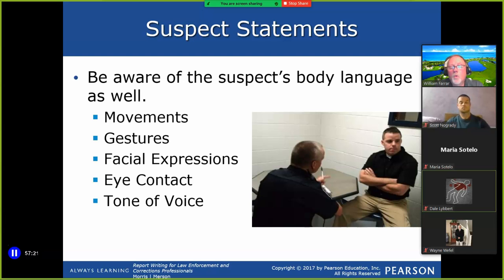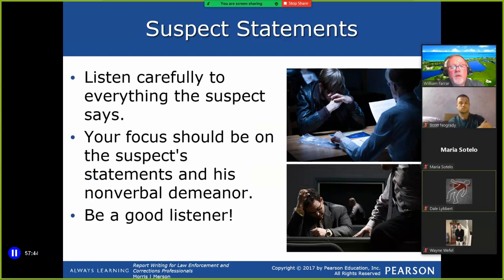Is it low? All of these things are important for you to be aware of. And especially if you're going to do a one-on-one interview. Again, I would always suggest two, but if you're going to do one-on-one, body language is important for your own safety if the person isn't secured. So again, these are really important things.